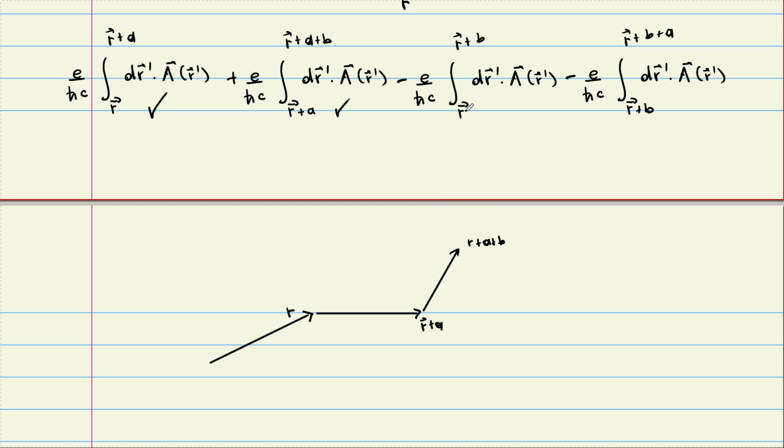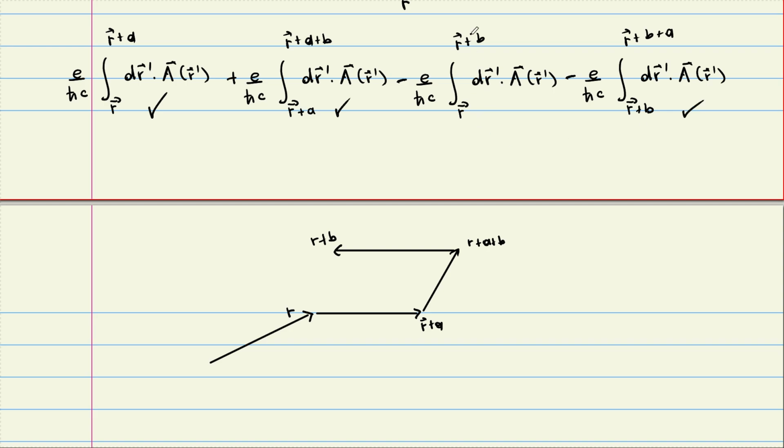This one is going from r to r plus b, but with this minus sign I can convert the integral. Actually, let's look at this one first. If I change the limits of integral, this is going to go from r plus b plus a to r plus b, so I've taken care of this.